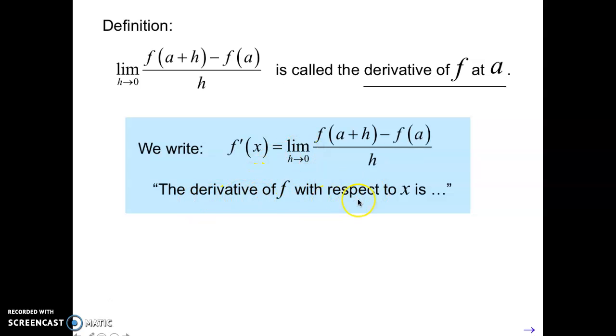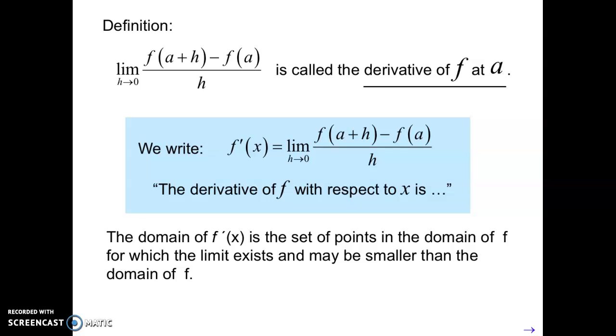Now, this actually came from his partner, Leibniz, who they worked together for a while. And we're going to eventually in calculus be able to take the derivative with respect to any variable we want. We're going to start with just using f and f of x and f prime of x and taking the derivative with respect to just the x variable.